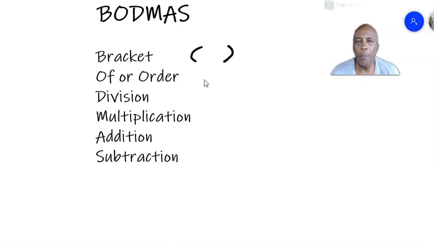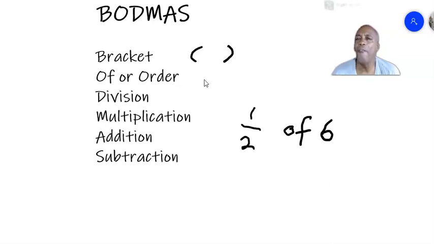The O in Bodmas can stand for one of two things. It can stand for the of sign. You normally get of in fractions. For example, you may have a sum, a half of 6. The of sign is just multiplication.